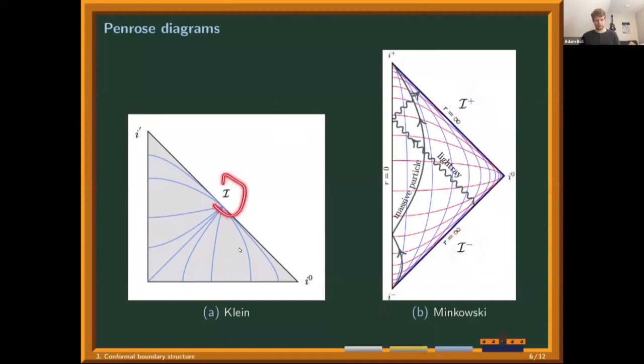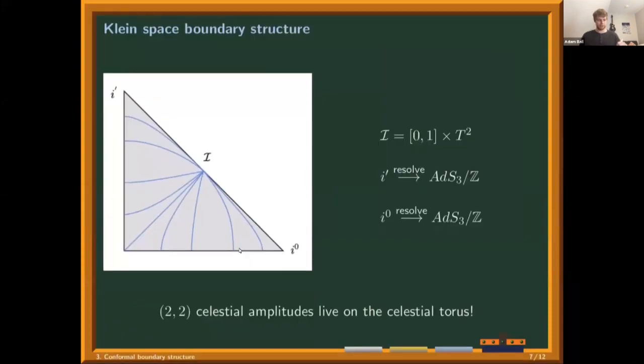In Klein space we just have one scri, and then still also one spatial infinity. Yeah, so let's discuss the actual geometry for the conformal boundary of Klein space. So scri consists of a null interval times a Lorentzian torus, which is the celestial torus.